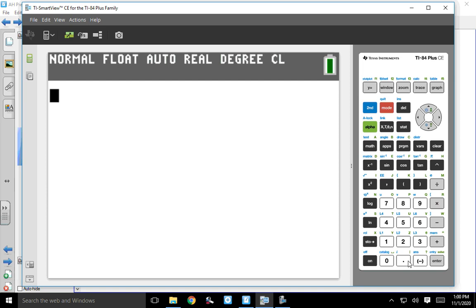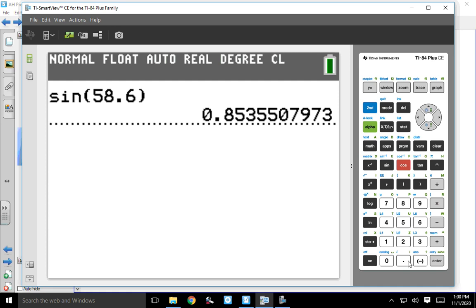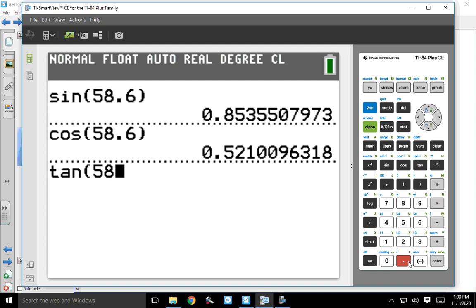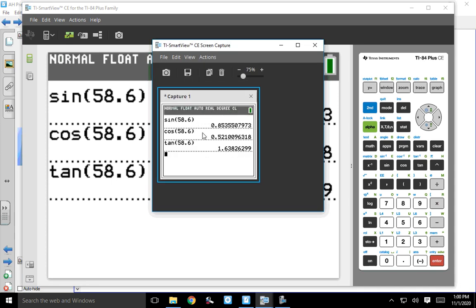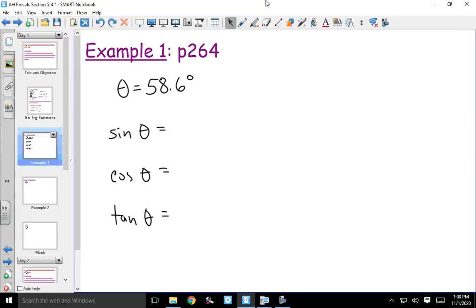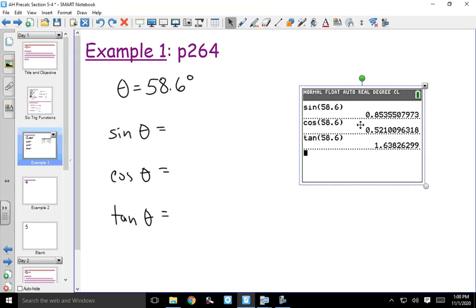So we're going to take the sine of 58.6, and I'll take the cosine of 58.6, and finally the tangent of 58.6. All right, and I'm just going to grab a picture of that. I'll copy that and I'll put that in here, and we'll write down each of those values that we came up with here.